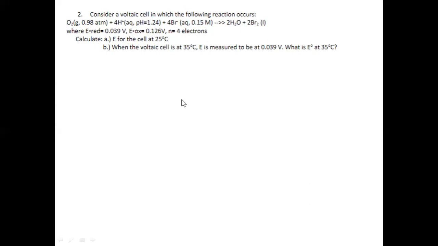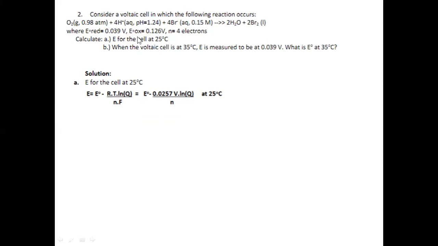Now let's proceed. For the solution for letter A, we're going to use the following: the cell voltage is equal to the standard voltage minus the gas constant times the temperature in Kelvin multiplied with the natural logarithm of the reaction quotient, all over n multiplied with Faraday's constant.